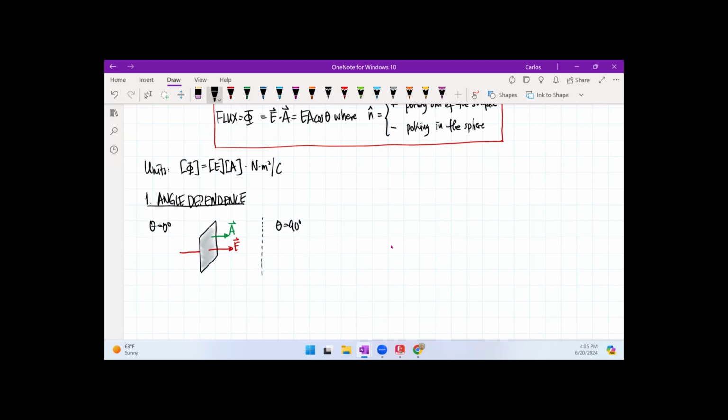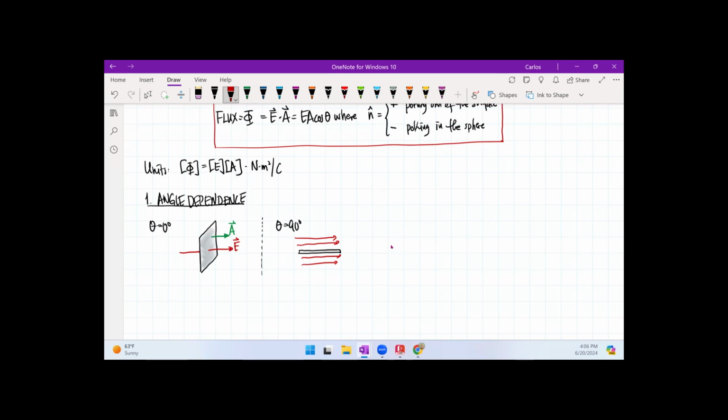Here, what you see is that there is no field going through that rectangle.